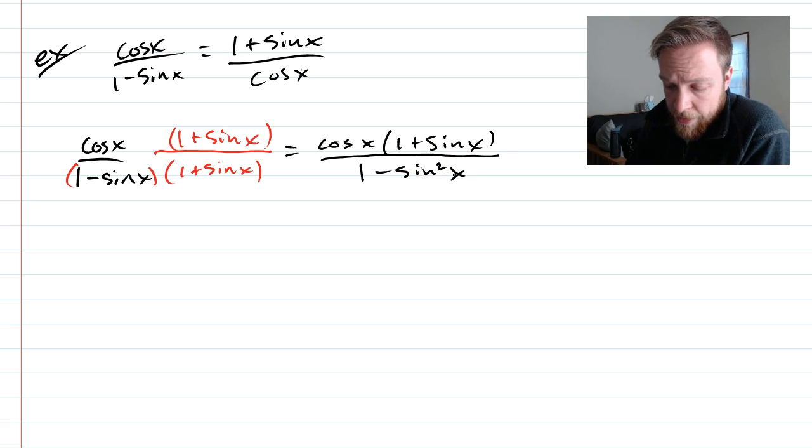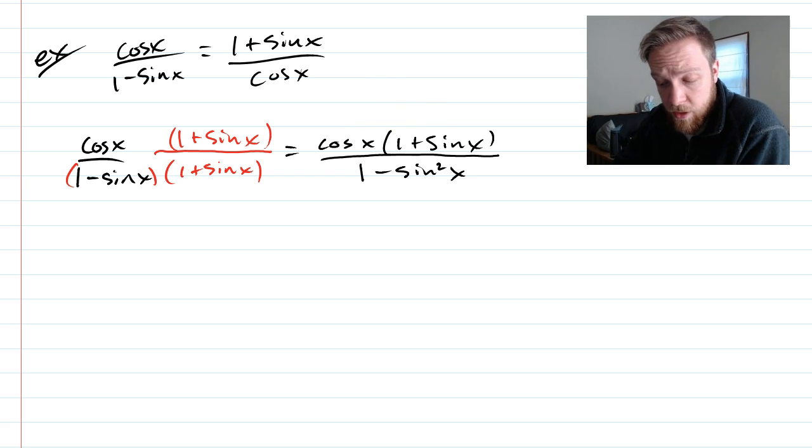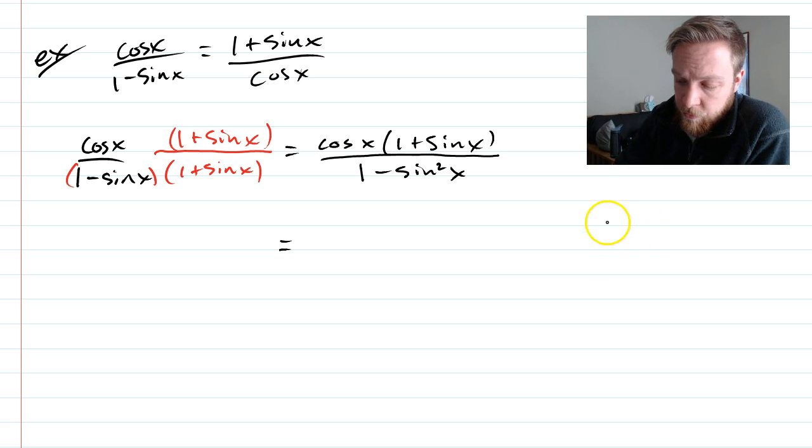Okay? And in general, this is just what I've learned from doing a few of these. If you want to distribute, it's actually not going to help right now. Often it's going to help just to leave it the way it is, okay? And you'll see why that is in a moment. The next thing I notice is on the bottom I have a sine squared and a 1. So what I'm thinking right away is sine squared plus cosine squared equals 1.